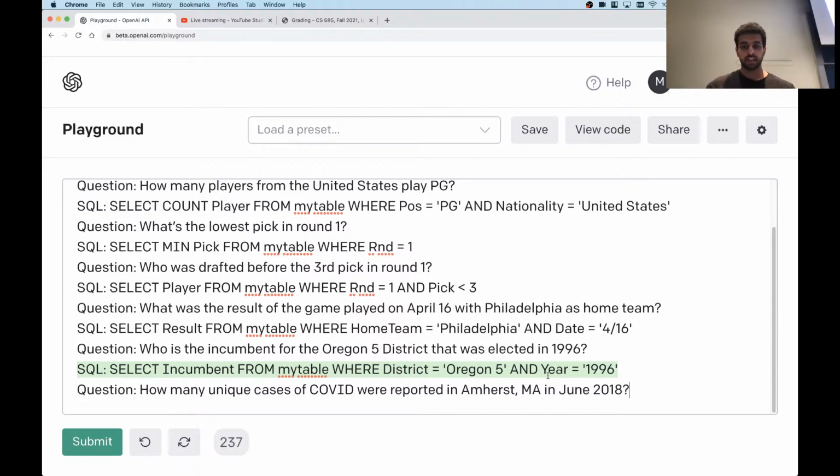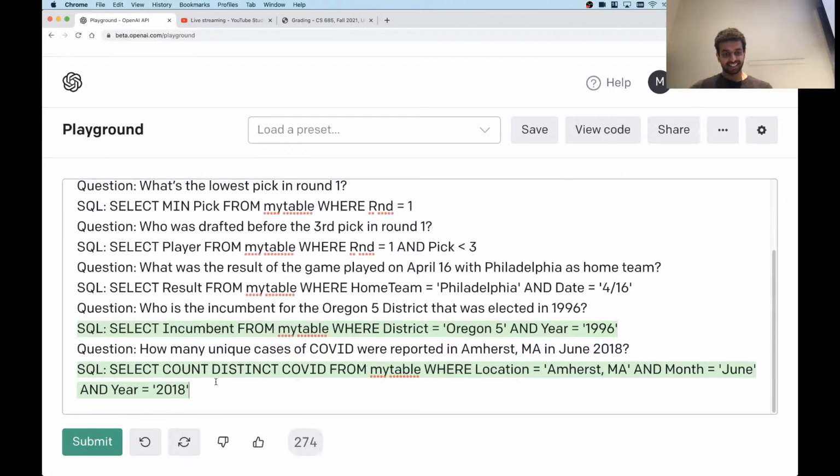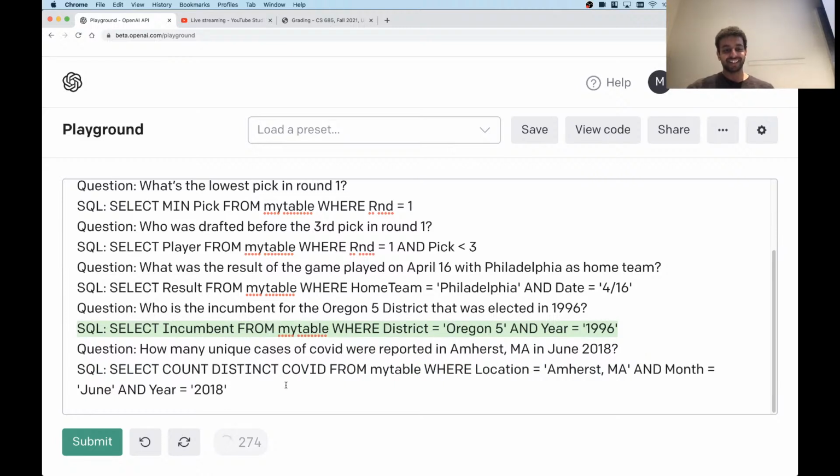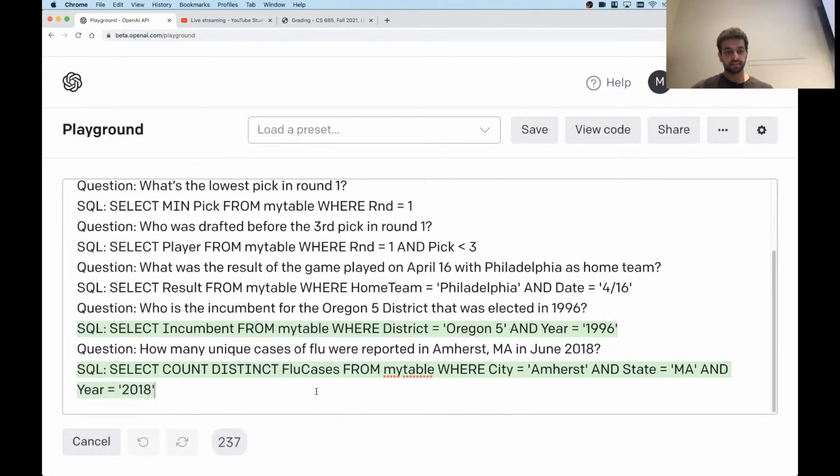Okay, I mean, this should be 0, I guess. Select count distinct. Yeah, I guess if I change this, or maybe I could say flu. Oh, that's pretty interesting.